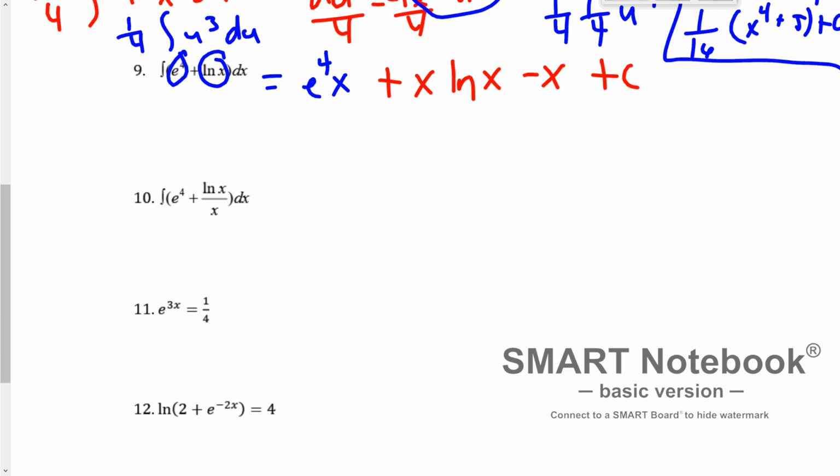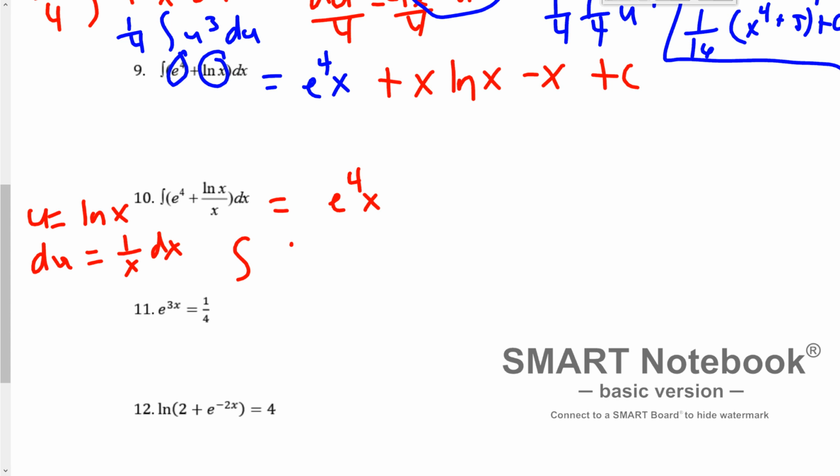All right, next one. Substitution, we already know what the integral of e to the 4th is, right? That's just e to the 4th x. And then the integral of ln of x over x, well, we're going to let u equal ln of x. So then the derivative of that would be 1 over x dx, which is exactly what we need if we rewrite this.